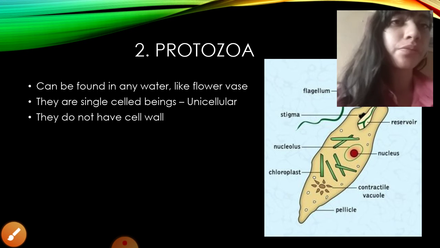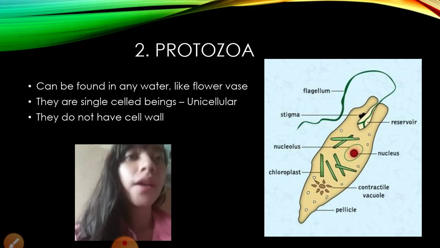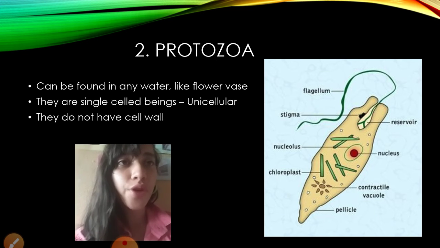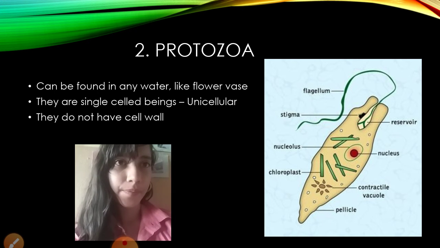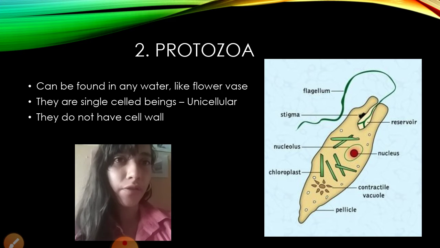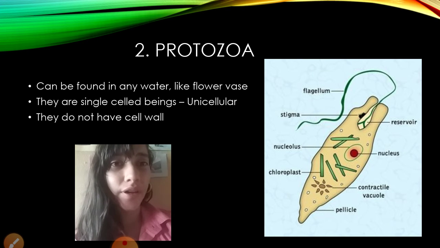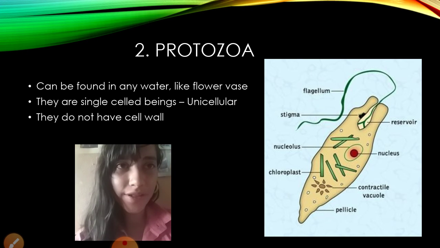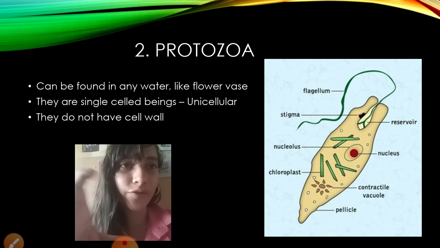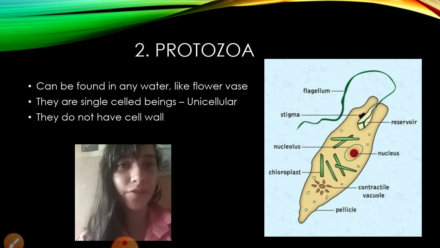Now, we have the protozoa. What are the characteristics of protozoa? Number one, protozoa can be found in any water, like a flower vase. It is the water where you put your flowers, and in that vase live microorganisms like protozoa.